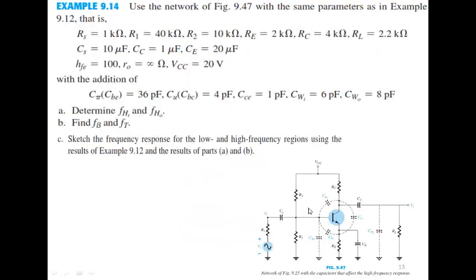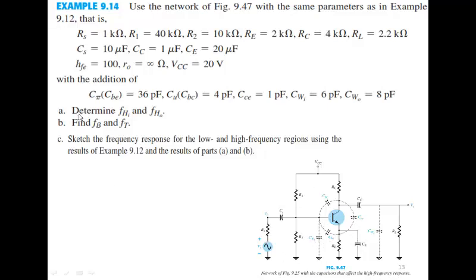So next we see example 9.14 of your book. In this example, use the network of figure 947. This is the circuit with the same parameters as in example 9.12. These are the component values for this circuit, and beta is equal to 100, with the addition of these parameters, the junction capacitances and the wiring capacitances.